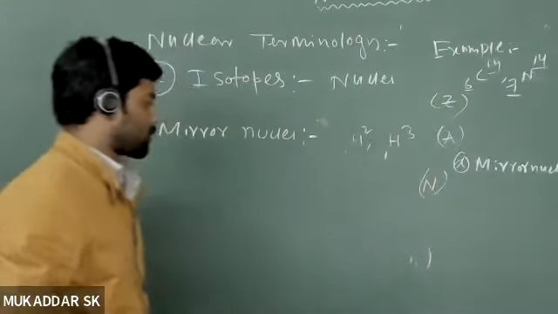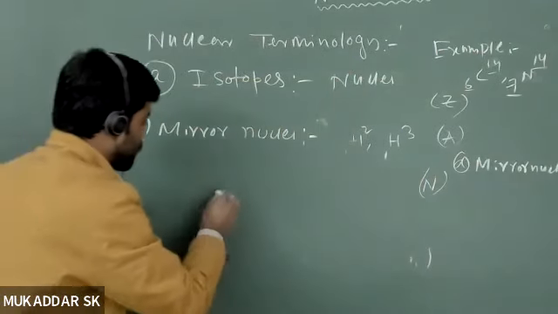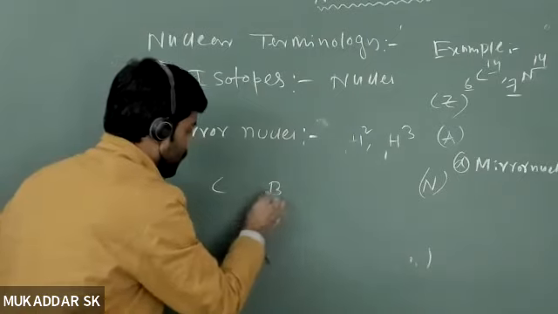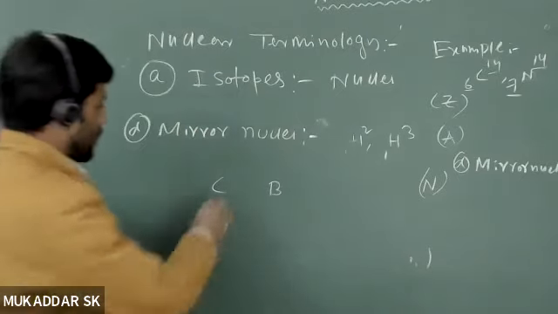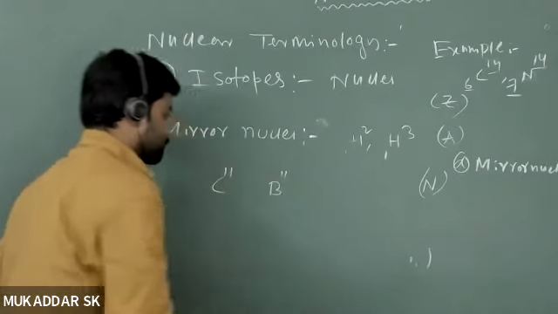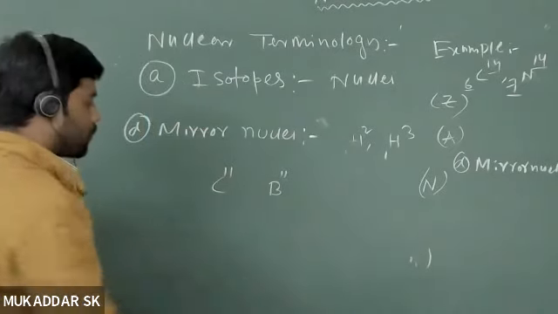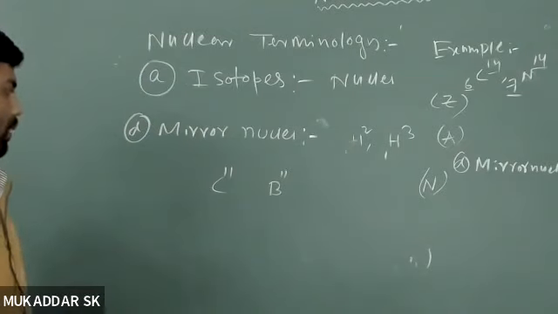Mass number will be same, since a pair of isobaric family means you will have two nuclei with the same mass number. Let us take mass number 11. Both carbon and boron have the same mass number.